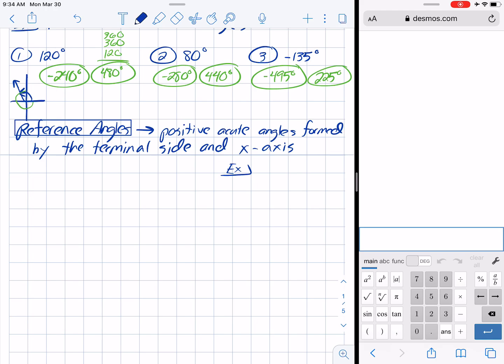If I wanted the reference angle for theta, and theta was a 150-degree angle, well, following our definition, 150 degrees would be an angle in standard position that looks something like this, 150-degree angle.